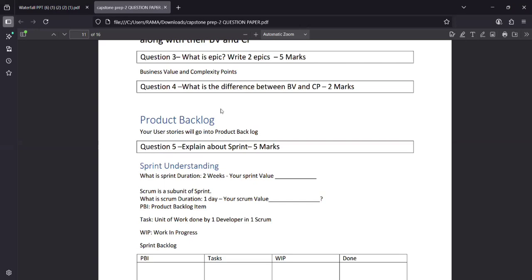So what is a Fibonacci series? There are two default numbers, 0 and 1. We add the previous two numbers: 0 plus 1 becomes 1. So now there are three numbers: 0, 1 and 1.